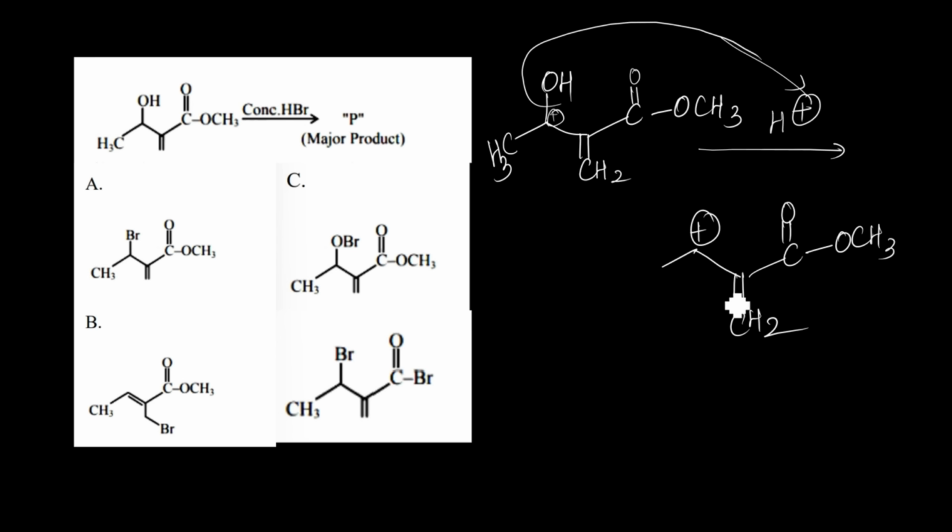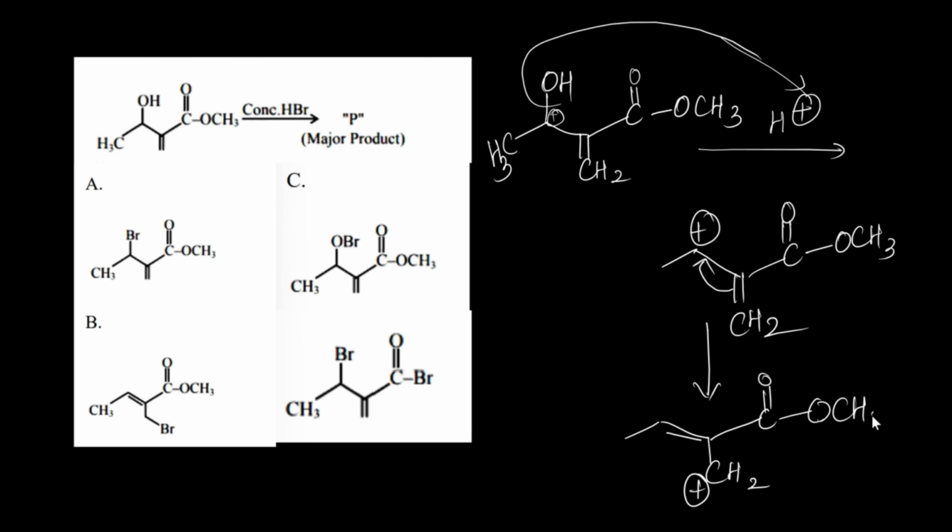This plus charge will pull the electrons. Due to that, it will form a double bond over here and CH2 with the positive charge, correct? So that positive charge will attract the Br from HBr. So the answer to this question is where I'll have CH2Br over here, which makes option B your right answer.